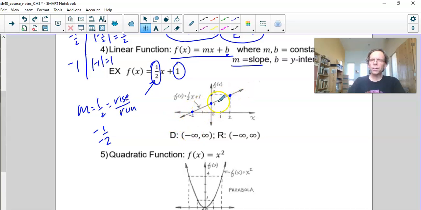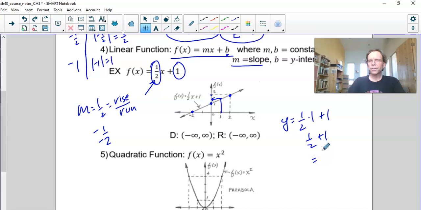Actually, all these intermediate points are allowed too. You can put in any x value. Like if you put in x equal 1, oh, what are we going to get? Whatever that is. If you put in 1, you're going to get y = 1/2 times 1 plus 1. That's 1/2 plus 1.